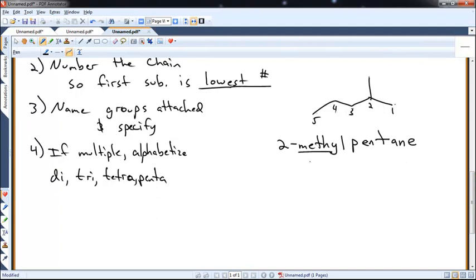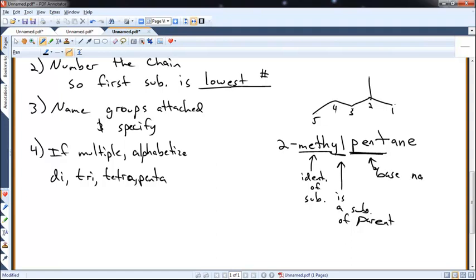The meth says what the substituent is, so it's the identity of the substituent. The yl says that it is a substituent of something else, I'll say of the parent. The pent is the base name of the parent, and the ane means it's an alkane, meaning only carbons and hydrogens are allowed.